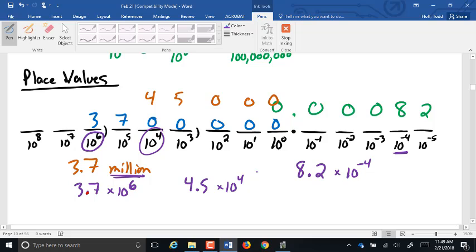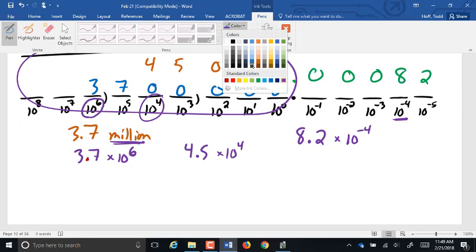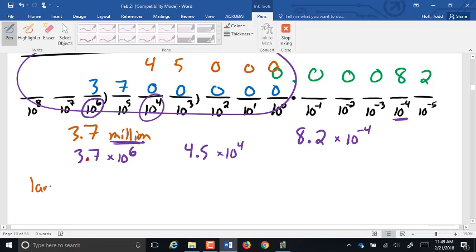Now, we don't want to have to draw out our place values every time we convert numbers into scientific notation. So let's look to see if there are some shortcuts, some patterns we can find. First of all, large numbers, in other words, numbers that are larger than 1, all have place values that are positive powers of 10.